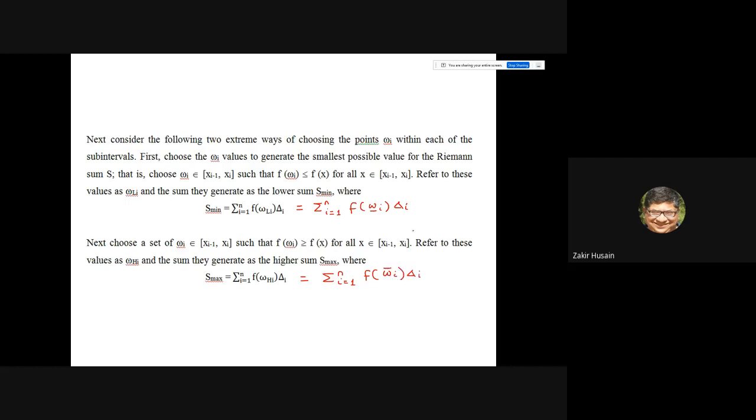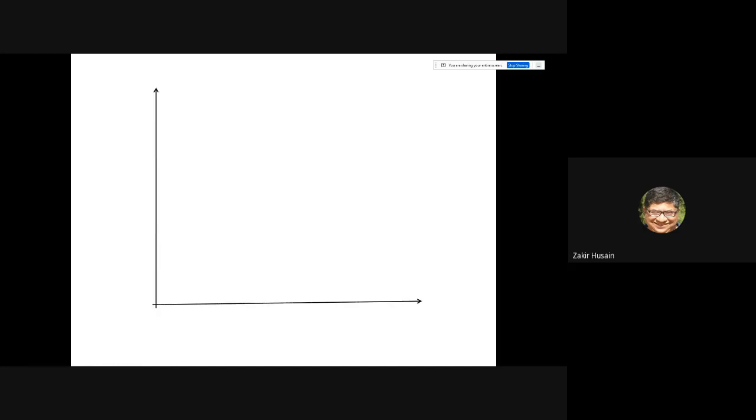In each case, this del I is the same, but the value of omega is changing, so the functional value will also change. So this is what we have shown, that as we are increasing the value of omega within a subinterval, the height is going up. The length is the same, the height is going up, so the Riemann sum is going to increase. And the minimum is this lower boundary, the maximum is the upper boundary.